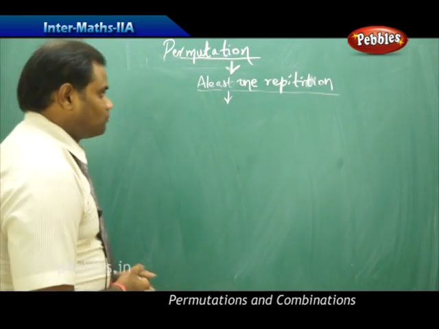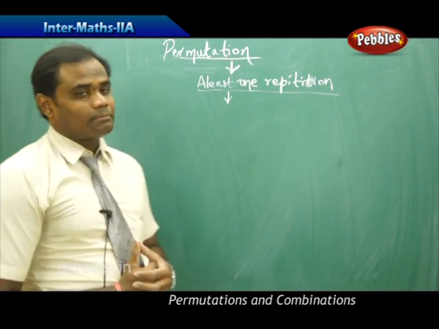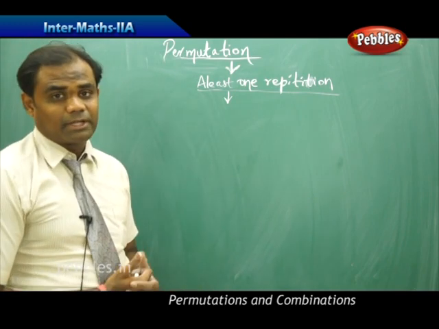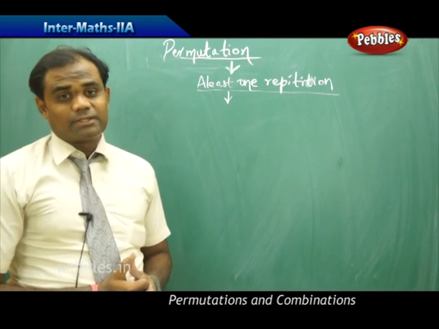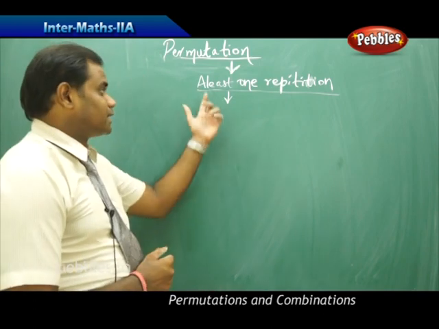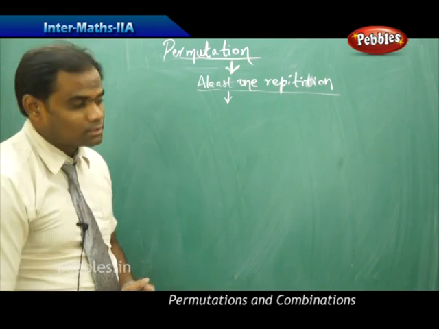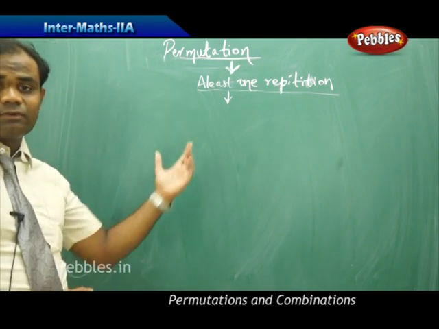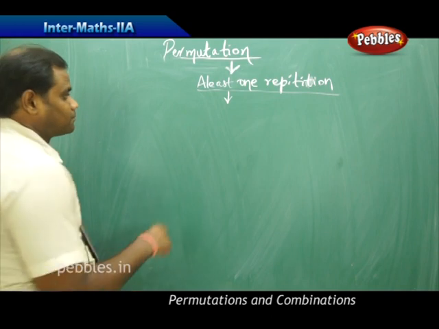Now, if I want to find the number of possible permutations of n dissimilar things taken r at a time with at least one repetition allowed, we'll see how we can derive a formula for such a situation.